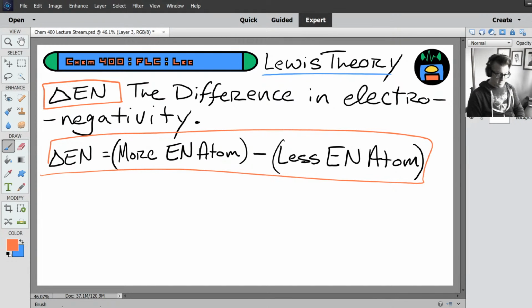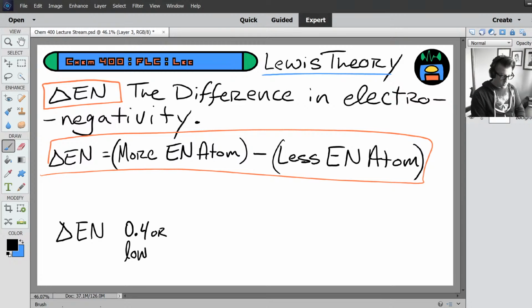The difference between the electronegativities of two atoms that are bonding together will determine the type of bond that they make.